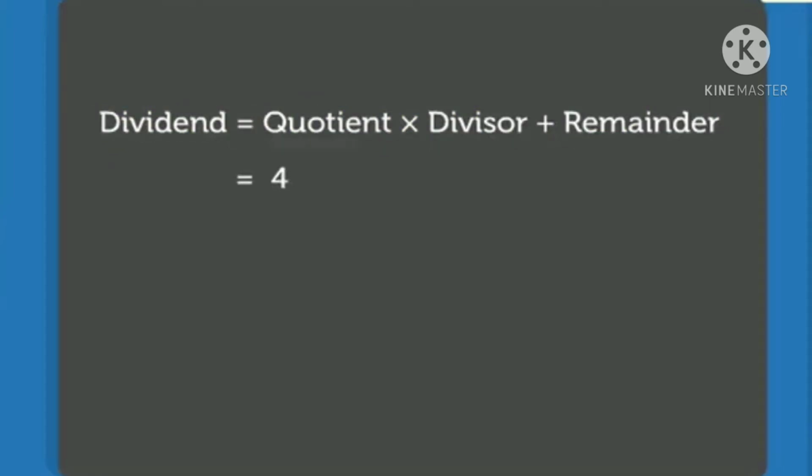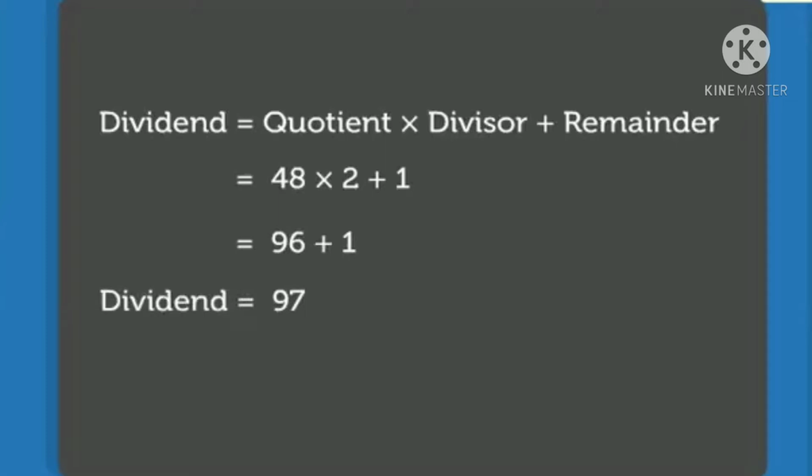That is 48 into 2 plus 1, which is equal to 96 plus 1 is equal to 97. Isn't that interesting? The answer we get is the dividend itself. That is 97.